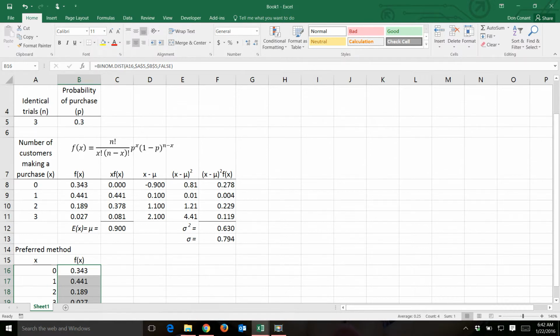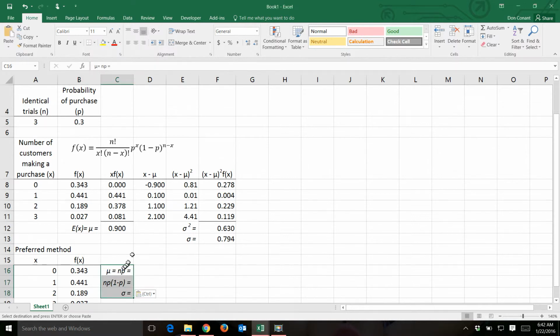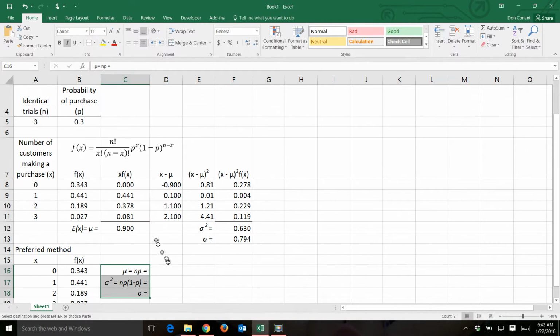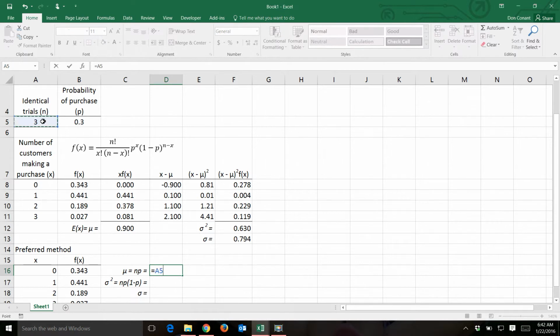Now let's solve for the expected value, the variance, and the standard deviation. We're given some equations in the text. Let's put those here for calculating these. The text tells us that the mean is equal to n, number of trials, times 0.3.